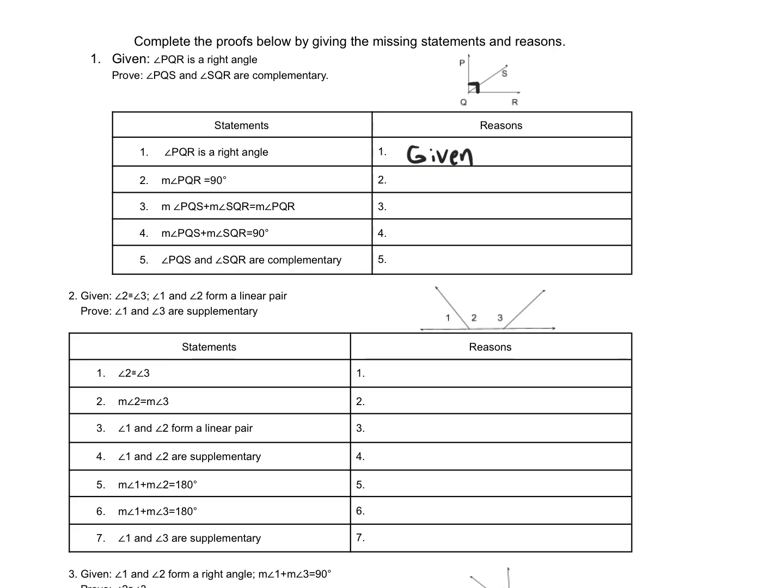I want to prove that angle PQS and angle SQR are complementary. All right, so if PQR is a right angle, I can then know that the measure of angle PQR is equal to 90 because that's the definition of a right angle.